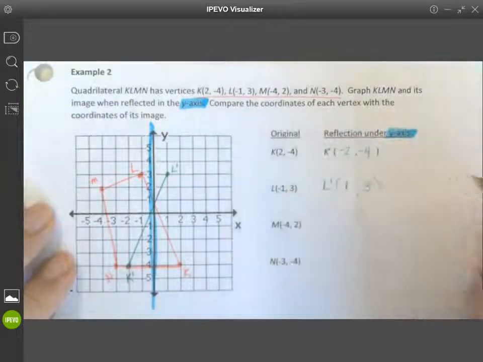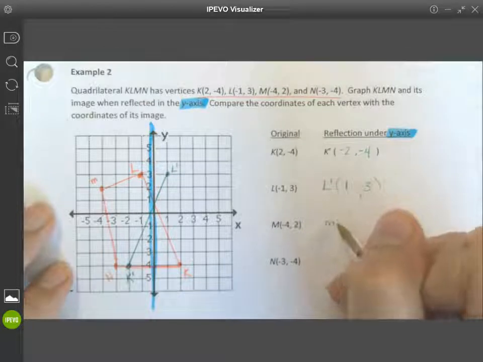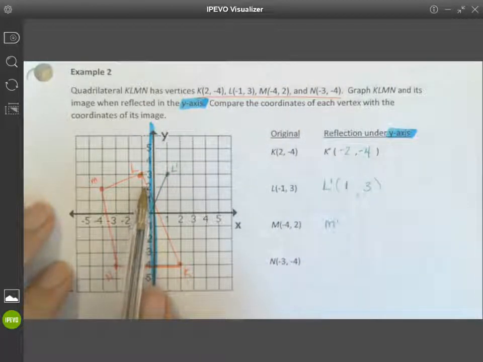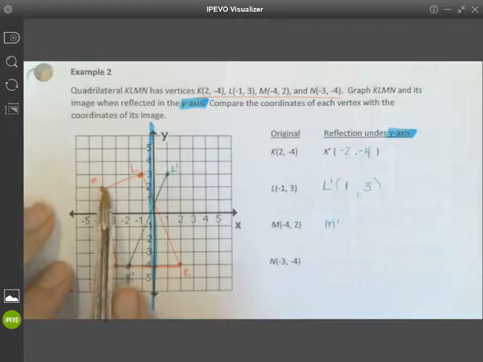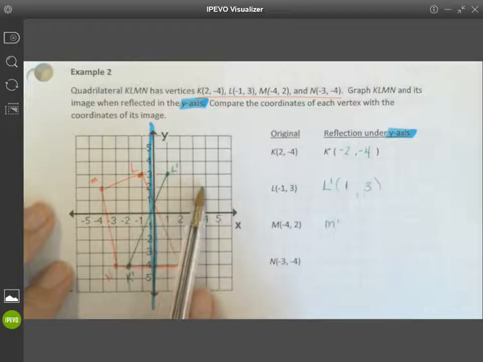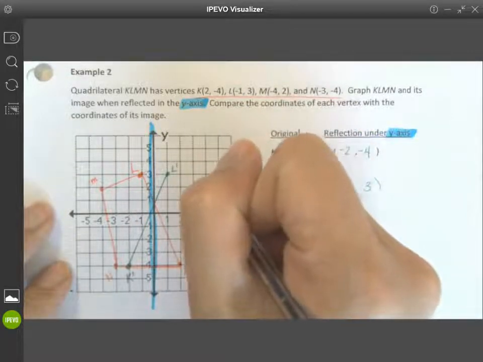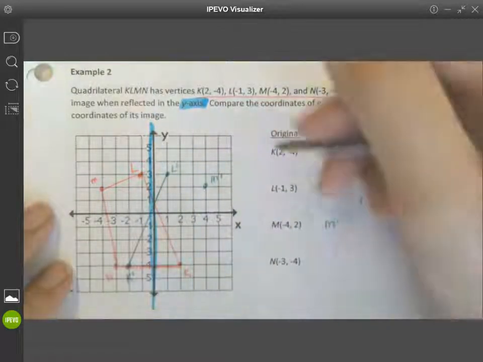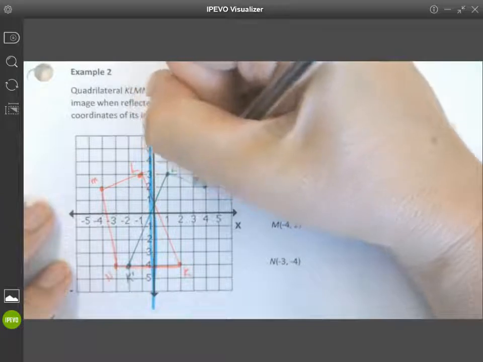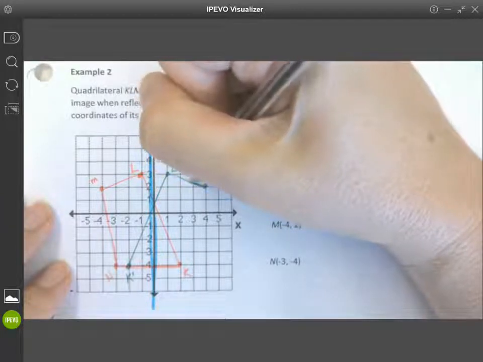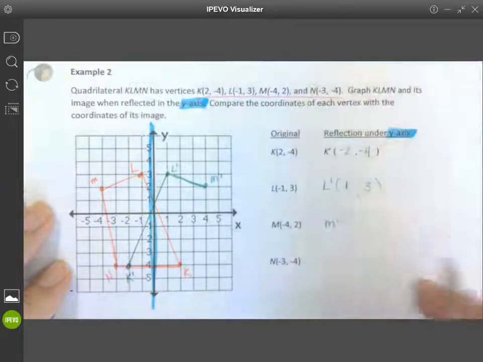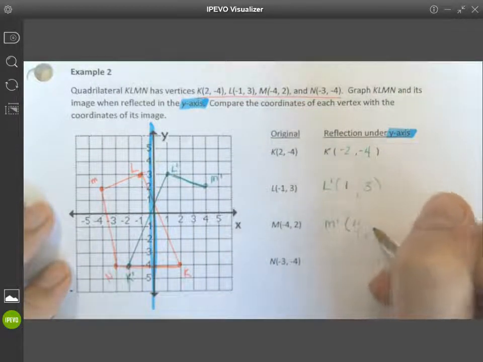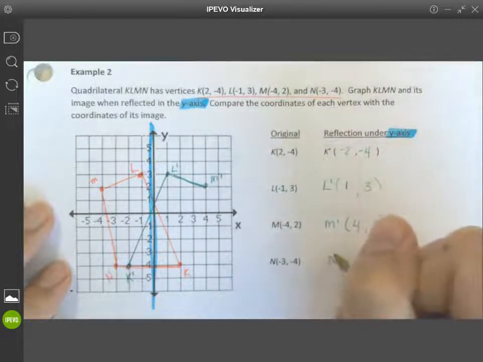All right. M. So I got M prime now. Okay. M is 1, 2, 3, 4 units to the right. So we're going to make it 1, 2, 3, 4 to the left. I'm really just looking at how far away it needs to be to the other side. All right. So I got that connected. And what is that point? 4, 2. And then I've got N prime.